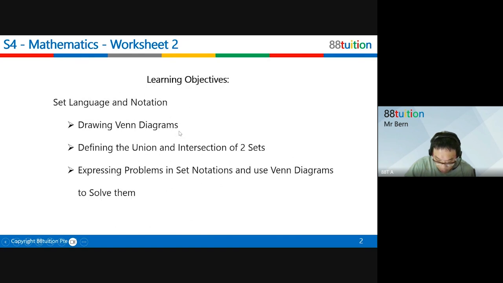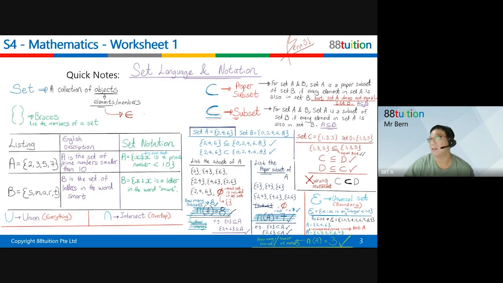So last week we talked about this. Can you see or not? Beautiful, right? I know, I know. We talked about things like proper subset and subset, and I told you when to use the proper subset and subset. For the word subset, you can break it down.